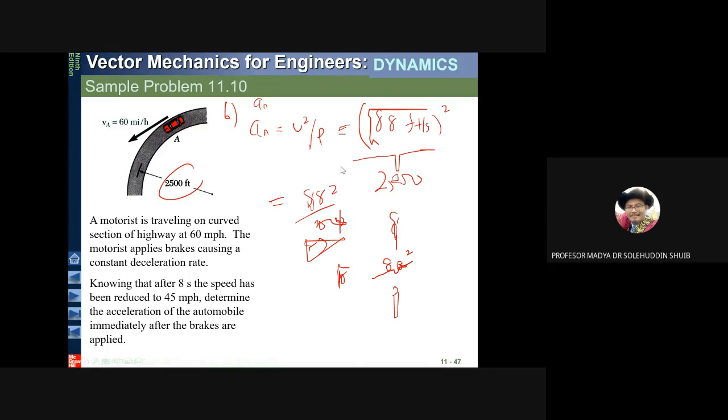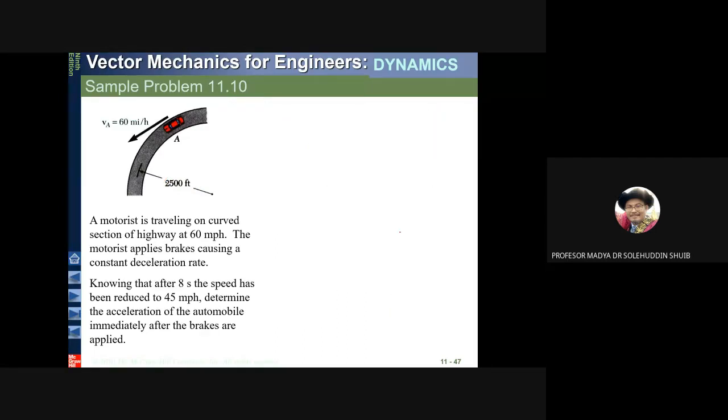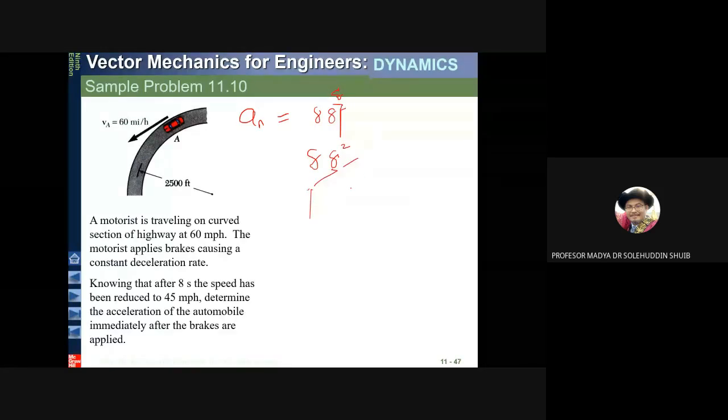Sorry, my pen keeps jumping. Something is wrong. Okay, so we get a_n equal to 88 square divided by 2500.